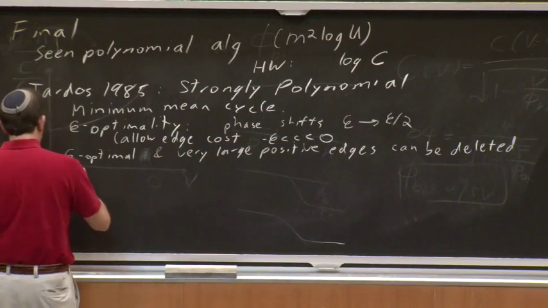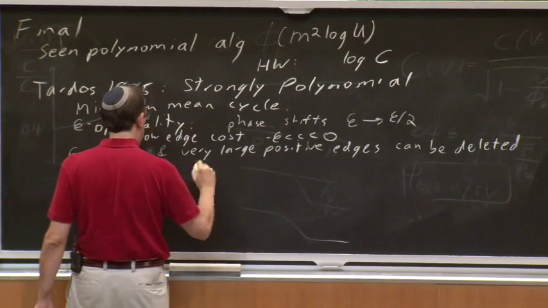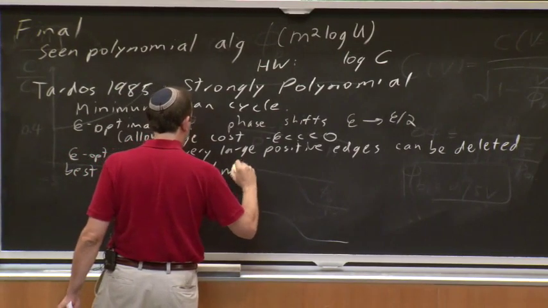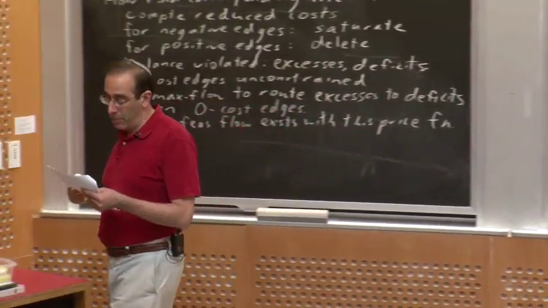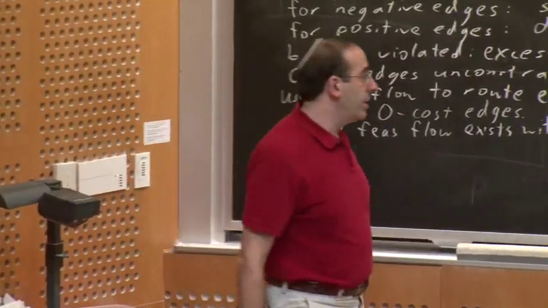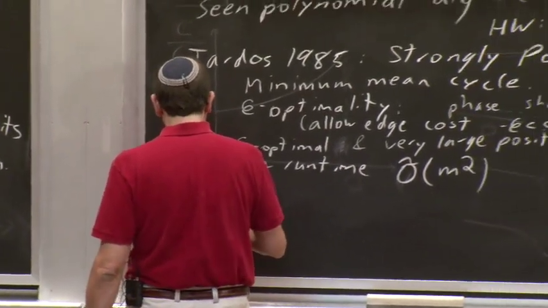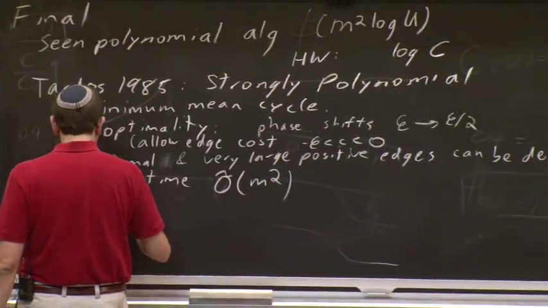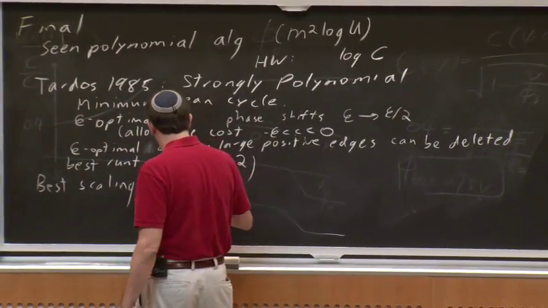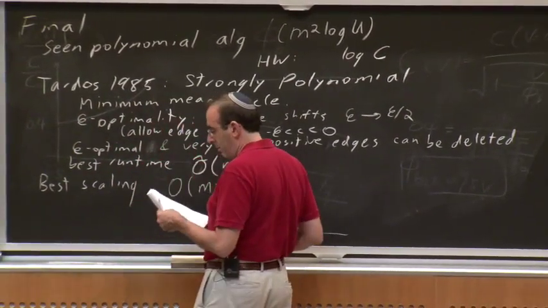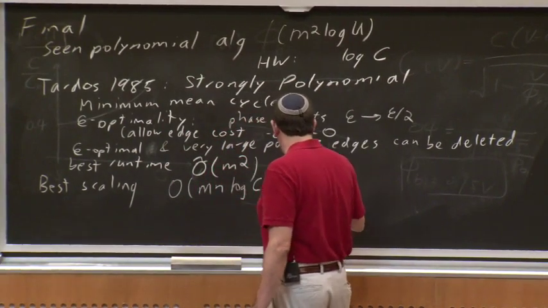The best runtime, combining all of these ideas, is about m squared, similar to the scaling algorithm that we already described. If you're willing to scale, it turns out you can do better. The best scaling algorithm has a runtime of order mn log c times log u.